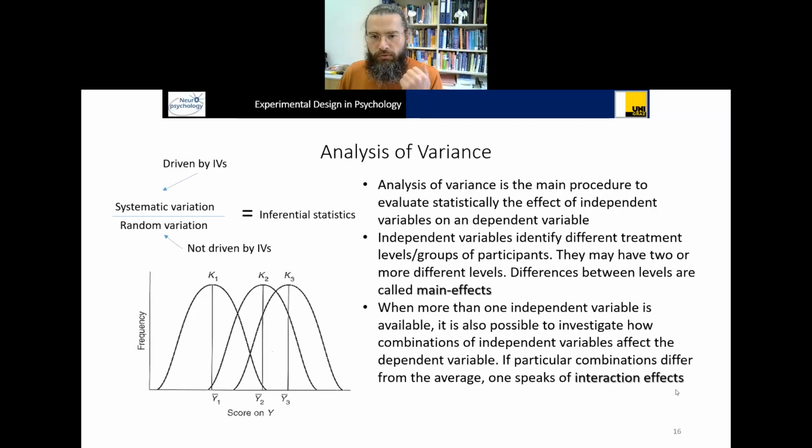And these interaction effects may involve 2 or 3 or 4 or as many independent variables as you have in your design. Not always do you have hypotheses regarding these combinations of independent variables. So this is also an aspect you have to consider when forming your design.